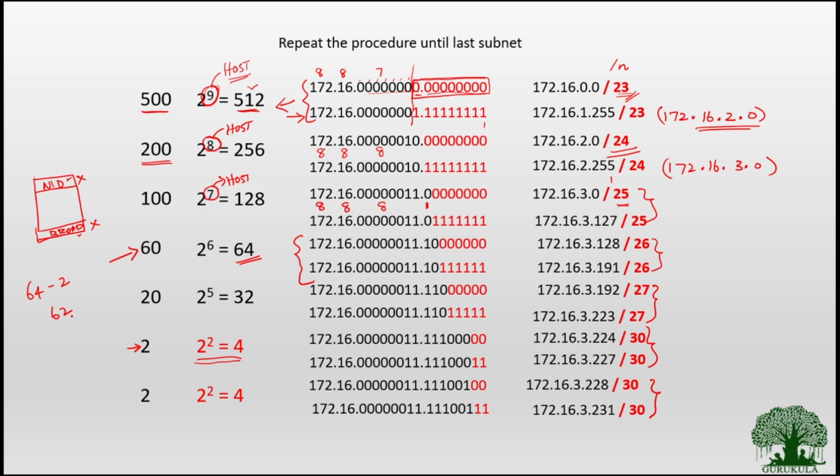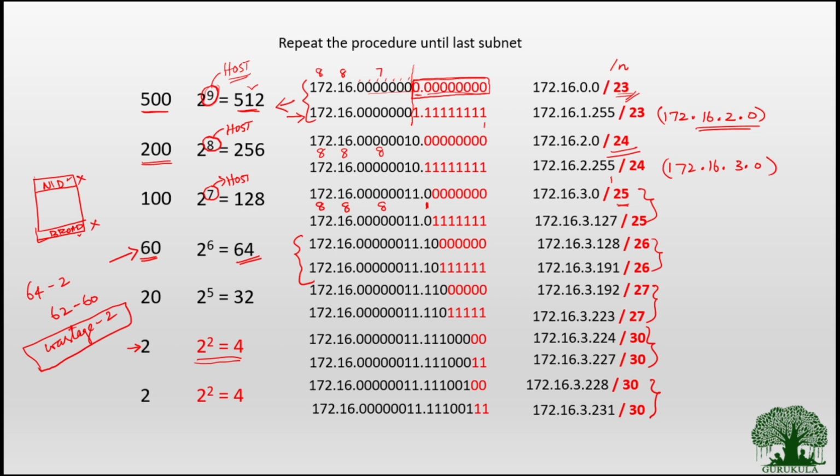So I will be left with 62 IP addresses, and out of 62, I am going to connect 60 hosts in that network as given in the requirement. So the wastage here is only 2 IP addresses. Only 2 IP addresses will be wasted as far as variable length subnetting is concerned.